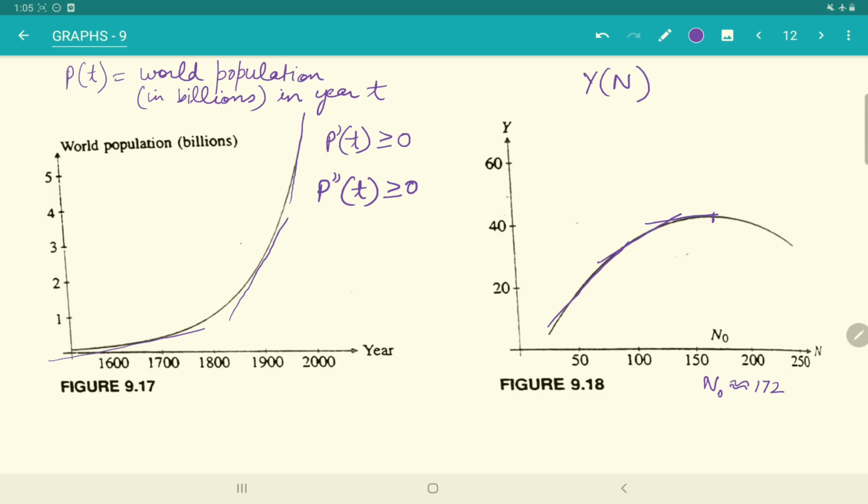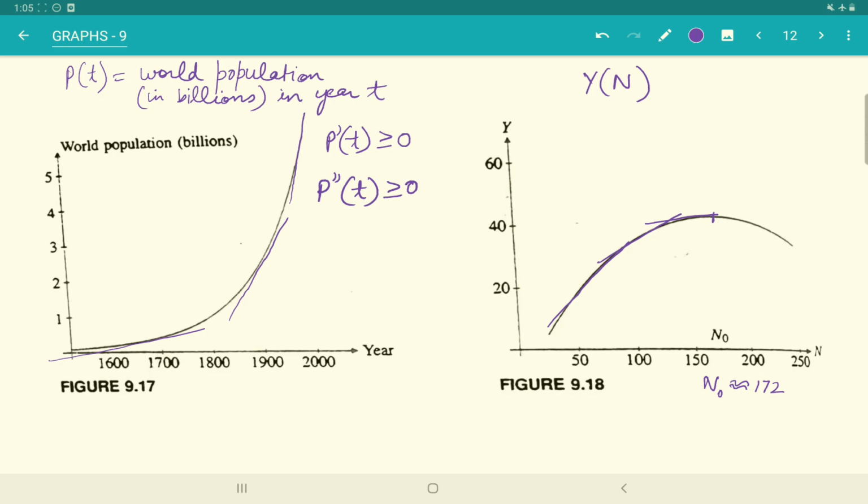That just means that increasing n by 1 unit leads to less and less increase in production of wheat the larger n is.